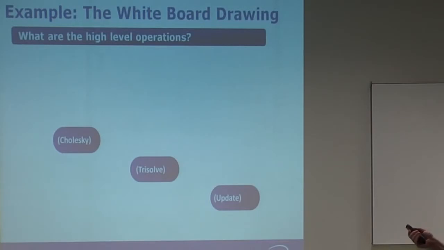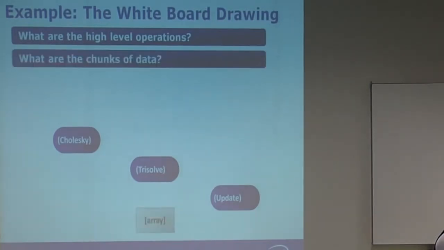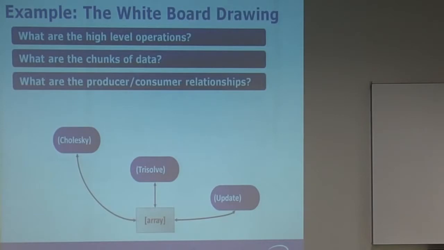So what are the high-level operations? When you go to the whiteboard and describe to your colleague, what are they? One is cholesky, one is triangular solve, and one is update. The next question is, what are the chunks of data? Well, in this case, it's only this array over here. The next question is, what are the producer-consumer relations among these computations and the data? And here, all three computations are updating the values and getting old values out.